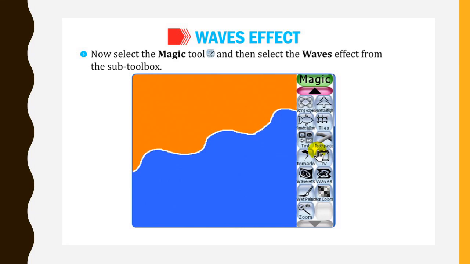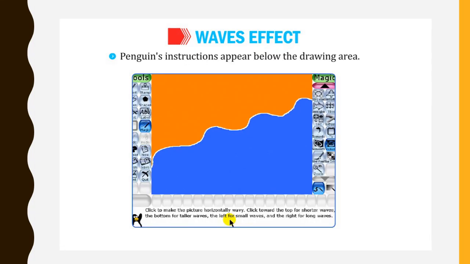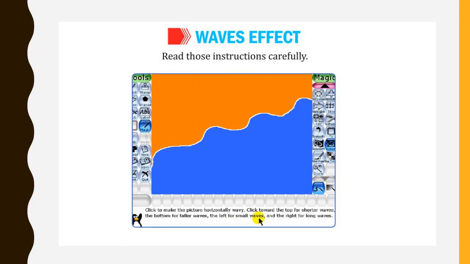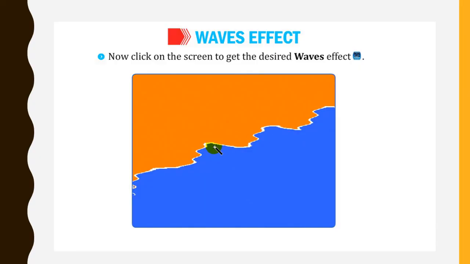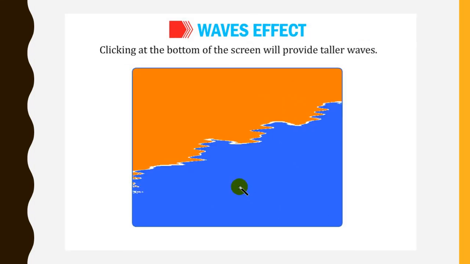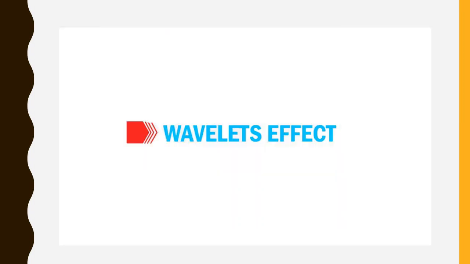Now select the magic tool and then select the waves effect from the sub-tool box. Penguin's instructions appear below the drawing area. Read those instructions carefully. Now click on the screen to get the desired waves effect. Clicking at the bottom of the screen will provide taller wave effects.